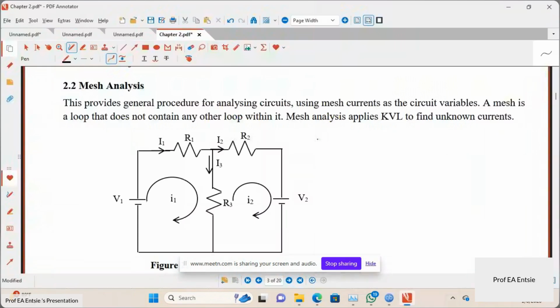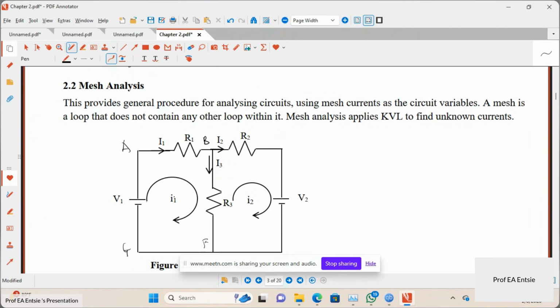So what we do in mesh analysis is we provide the same convention or direction for each of the loops. You see that in the first loop, let's assume A, B, F, G, A, that's the first loop, we have clockwise direction.